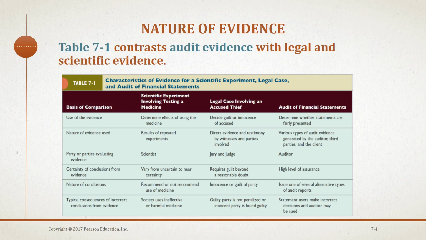That's a little bit different, for example, than legal, which is where you're deciding guilt or innocence, or medicine, where you're determining the effects of using a different medicine. And we're obviously using our evidence to try to come up with a high level of assurance about whether the financials are presented fairly.